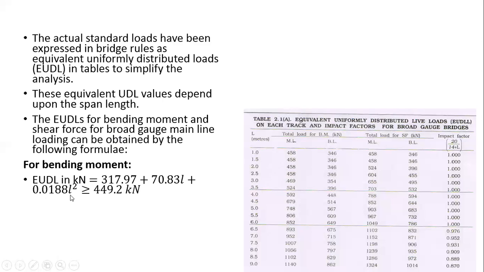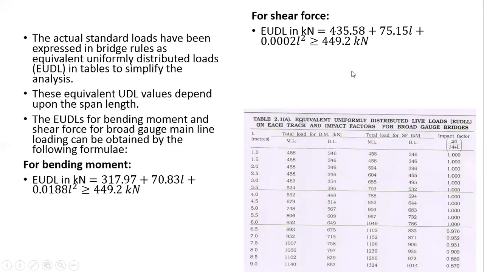This load should always be greater than or equal to 449.2 kN for bending moment. Whatever the span of your bridge, put the value in here and you will get the EUDL. Or just use the ready-made tables for the design, for taking the load for bending moment as well as for shear force. For shear force, this is the formula. Clear?